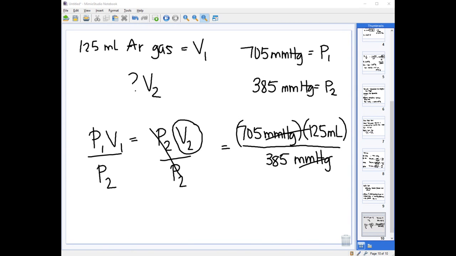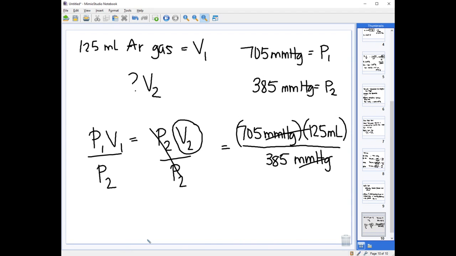So if pressure goes down, volume goes up. So we should expect that our answer is higher than 125 milliliters. In these types of problems, that's how you're going to know if your answer makes sense. Think about the relationship between pressure and volume, and then look at your answer to determine, does my answer make sense based on what I know about this relationship?